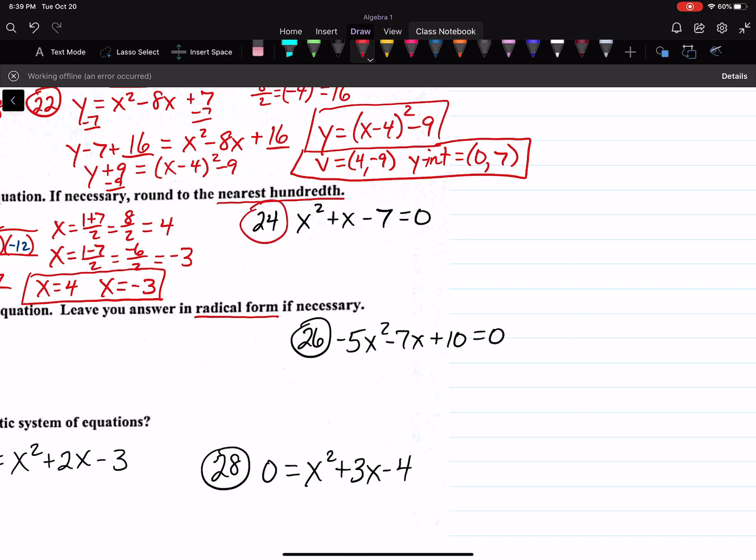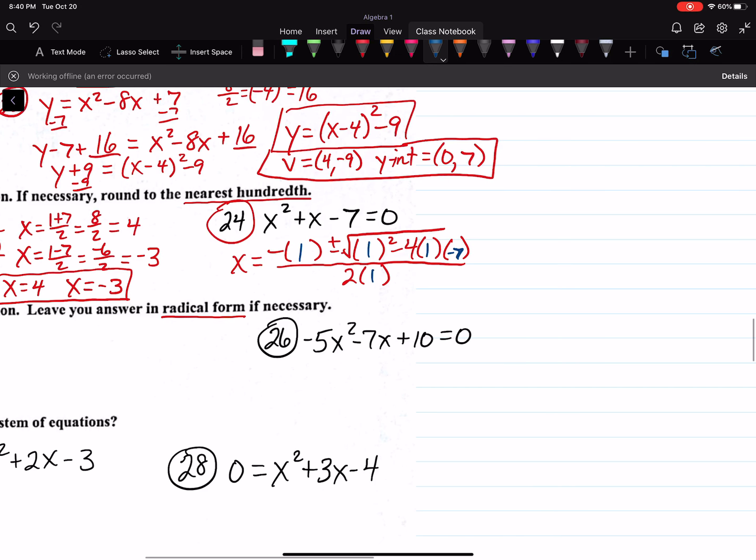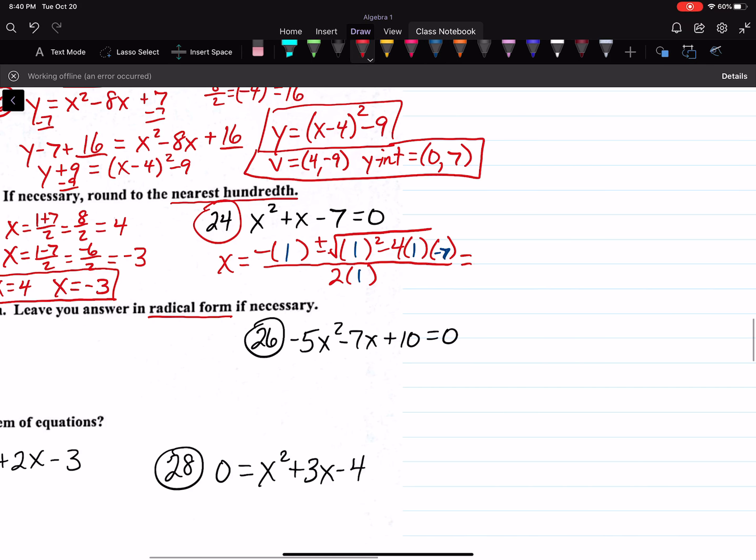So x equals negative b plus or minus the square root of b squared minus 4 times a times c all over 2 times a. Now I'll plug them in. Again, on this one, b is positive 1, a is also positive 1, and c is negative 7. So I simplify that.